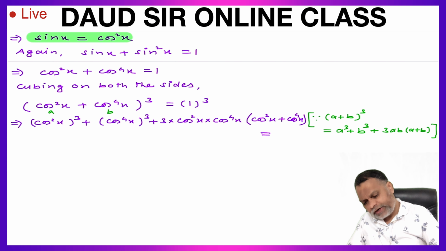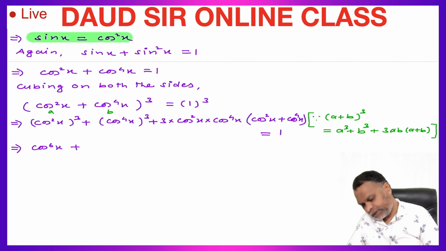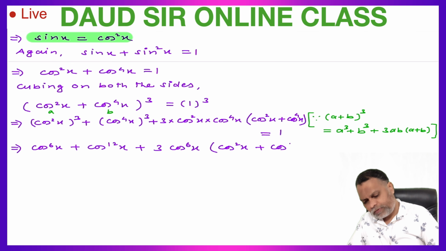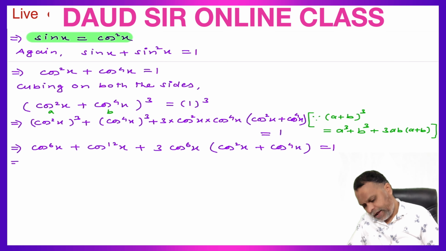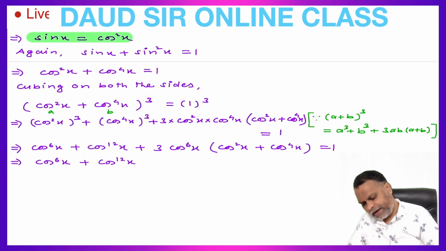is equal to 1³, 1, which implies (cos²x)³ is cos⁶x plus (cos⁴x)³, 4 3s are 12 power, cos¹²x, plus 3 cos²x into cos⁴x, that is cos⁶x, into (cos²x + cos⁴x) is equal to 1, which implies cos⁶x plus cos¹²x.